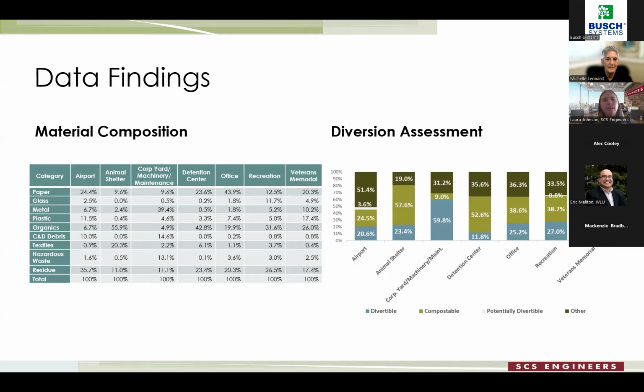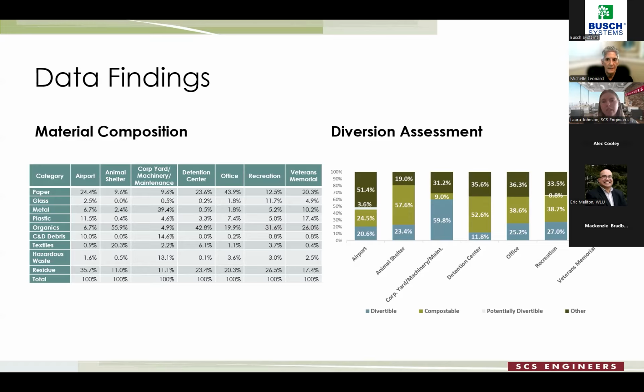And using that material composition, we like to pair it with a diversion assessment. And so that's where we've taken each of those 38 material categories and assigned them into one of 4 categories, whether it's divertible, compostable, potentially divertible, or other. And that can really help folks dive into where should be their priority.